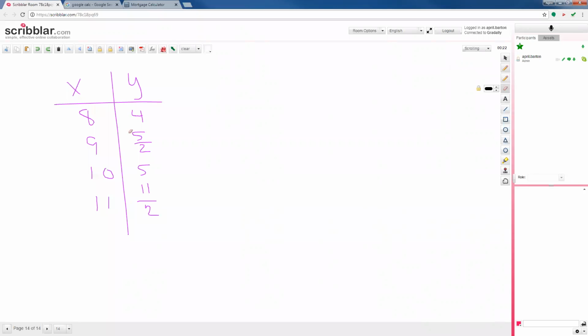Sorry, this value should have been 9/2. So you do the same thing. We still plug in our x, we still plug in our y into this y equals kx. This time our y is 4, and our x is 8.